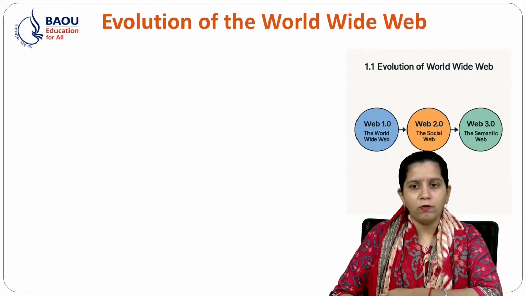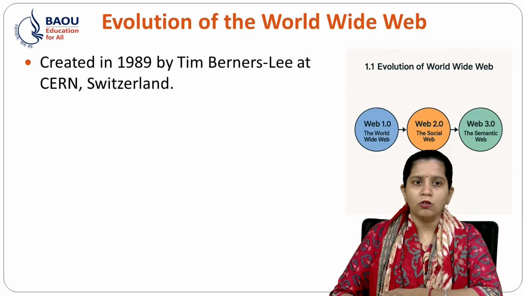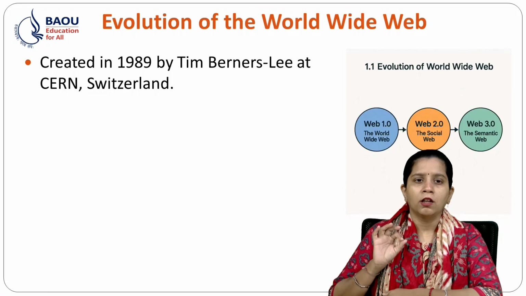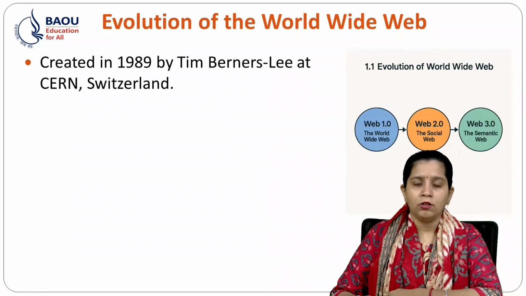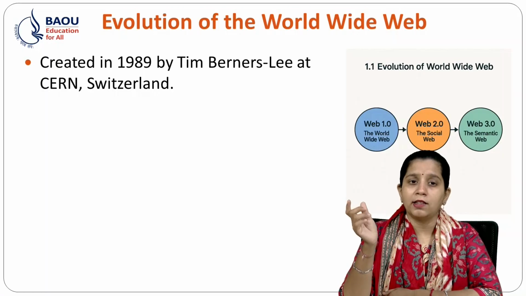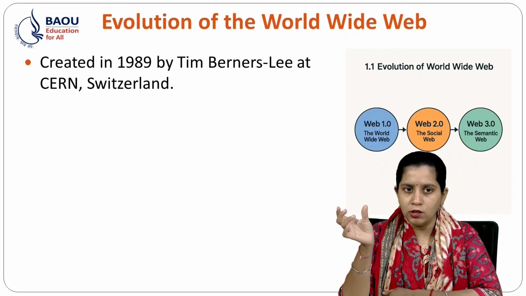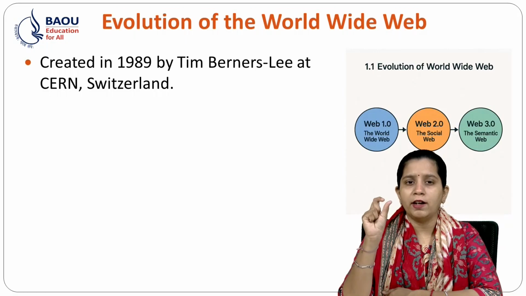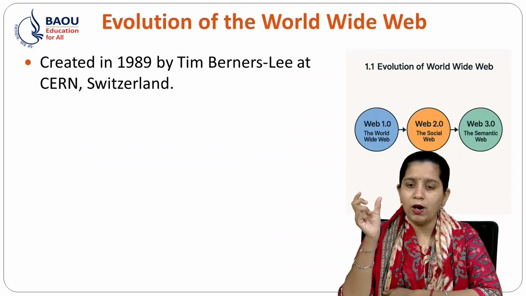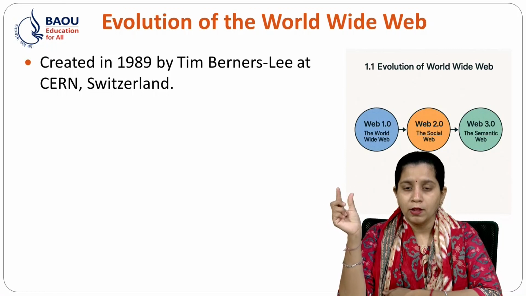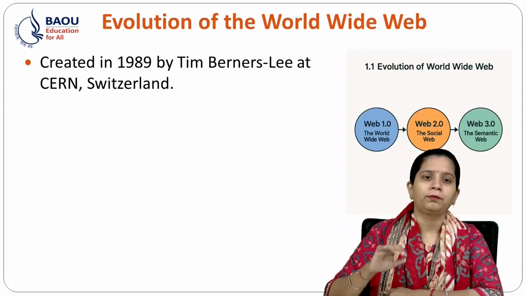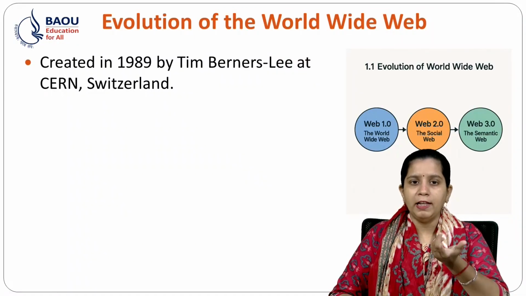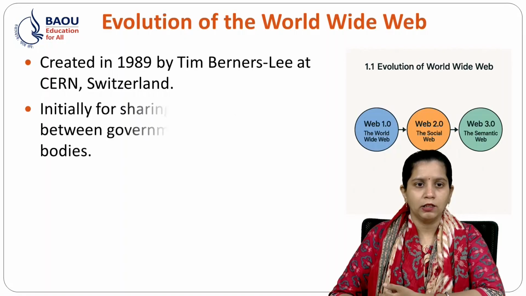Then, the evolution of the World Wide Web. It was created in 1989 by Tim Berners-Lee at CERN, Switzerland. You might get an MCQ-like question: who created the World Wide Web? WWW stands for World Wide Web, and it was created by Tim Berners-Lee.